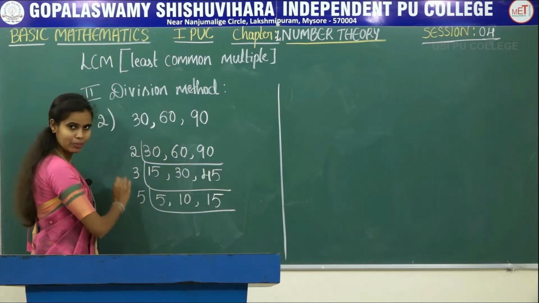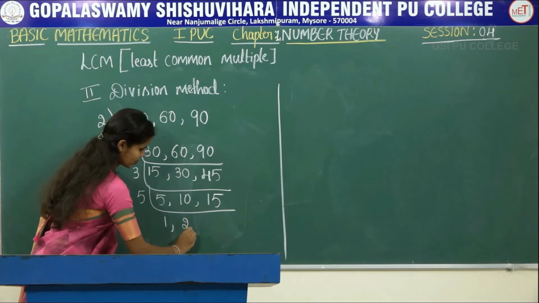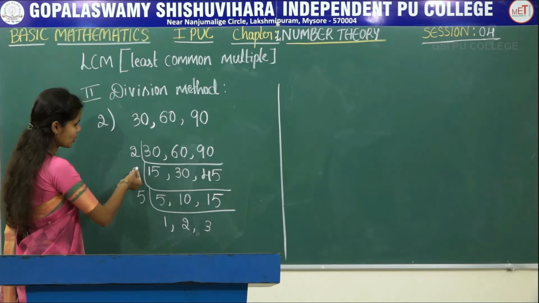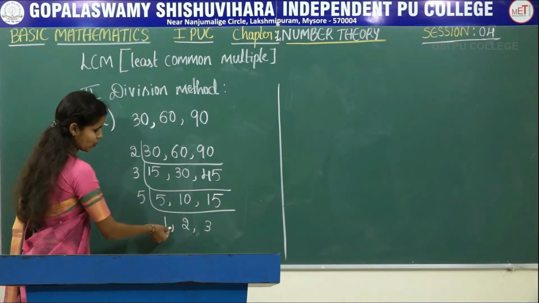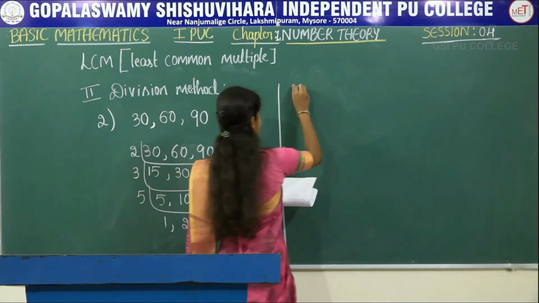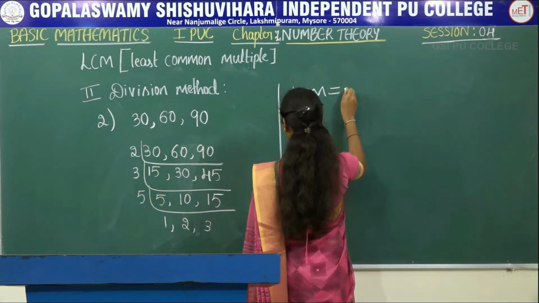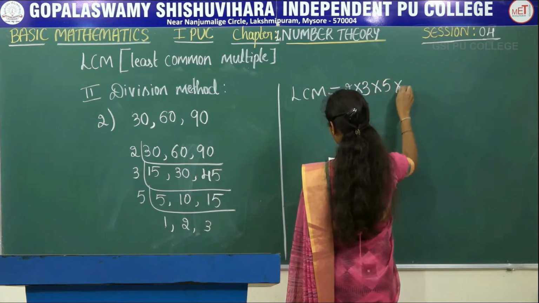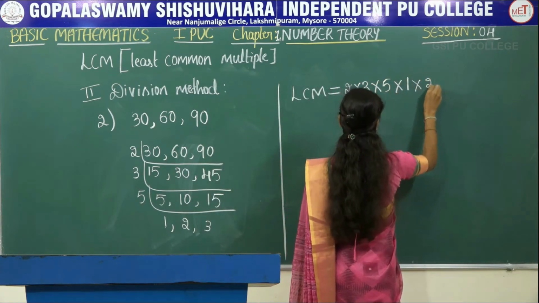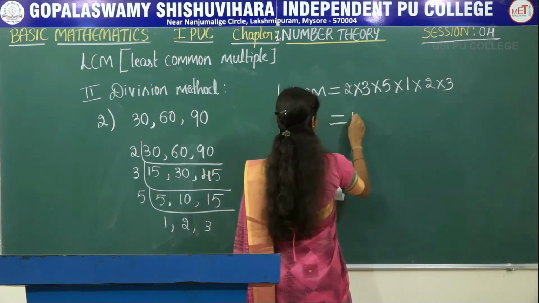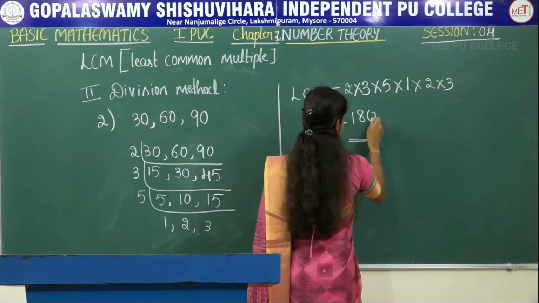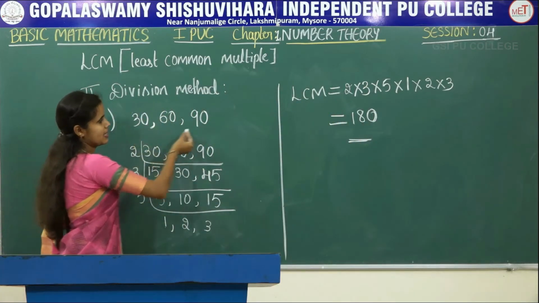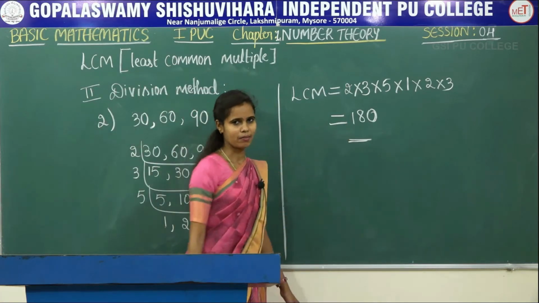Therefore I consider the prime number 5. 5 ones are 5, 5 twos are 10, 5 threes are 15. So 2 and 3 are distinct primes. Therefore the LCM is equal to 2 into 3 into 5 into 1 into 2 into 3, which is equal to 180. Therefore the LCM of 30, 60, 90 is equal to 180.